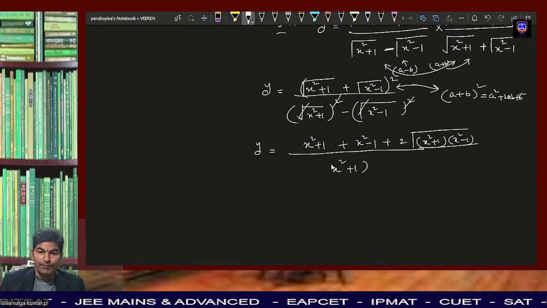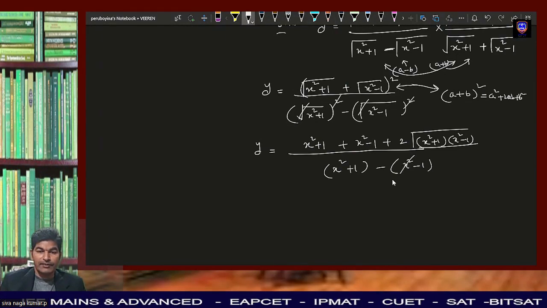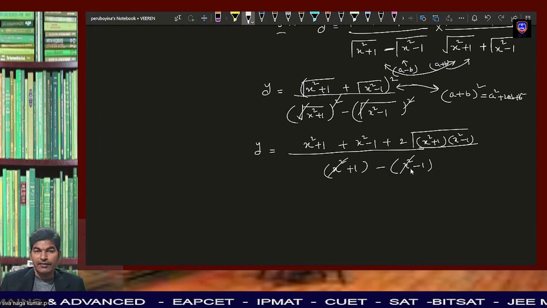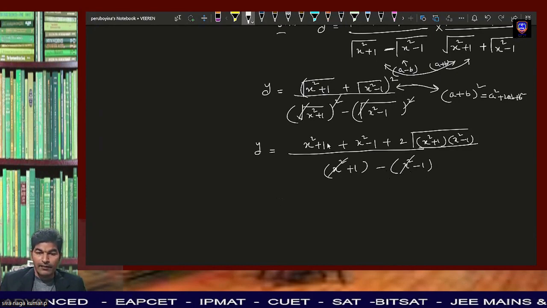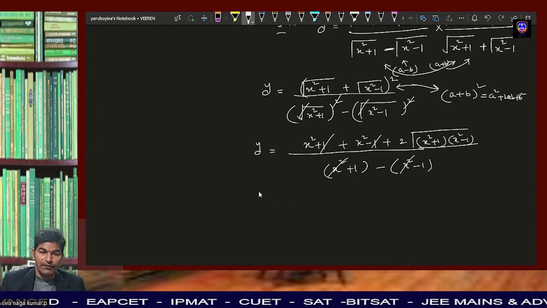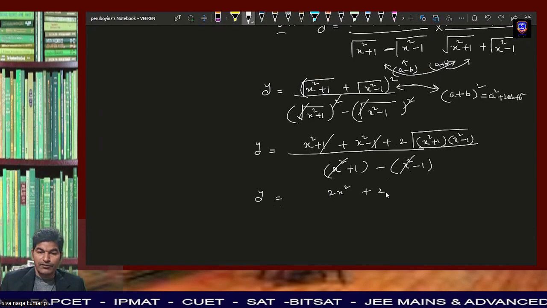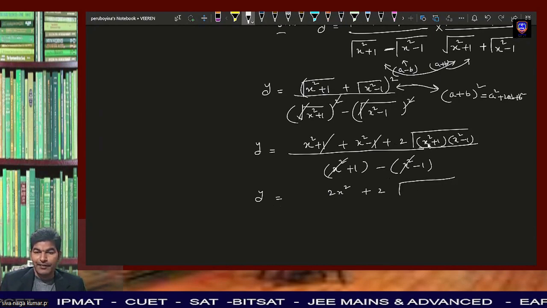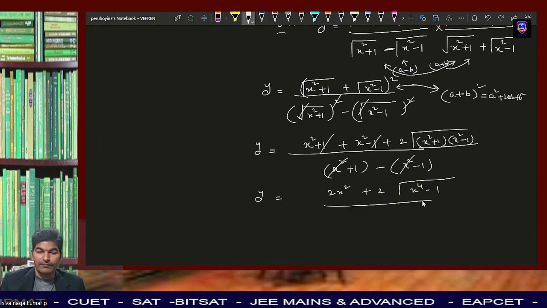Okay, x square plus 1 in the first bracket, x square minus 1 in the second bracket. If you multiply this minus with this minus, you will get minus x square, plus x square got cancelled. And here also look, plus 1 minus 1 got cancelled. Now y is equal to 2x square plus 2 times root of x square plus 1 into x square minus 1, which is x power 4 minus 1.